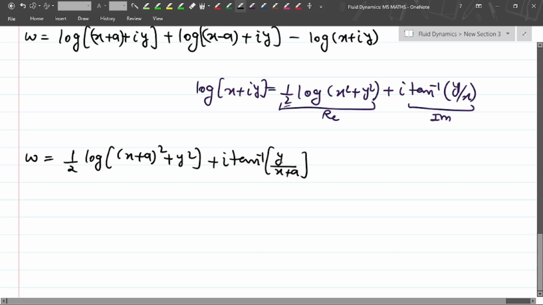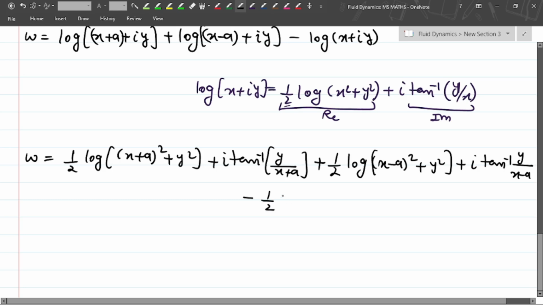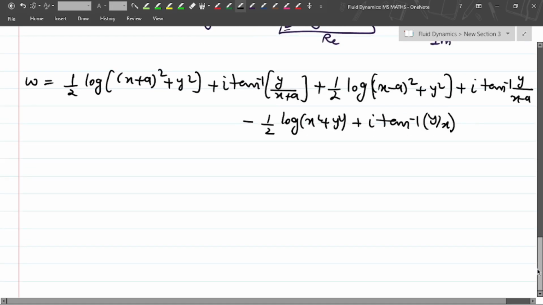Next I will put it for this minus term: 1 by 2 log of x minus a whole square plus y square plus iota tan inverse y upon x minus a, and for the last it is minus 1 by 2 log of x square plus y square plus iota tan inverse y by x, because this is at origin. Now we'll separate all the real part and imaginary part.